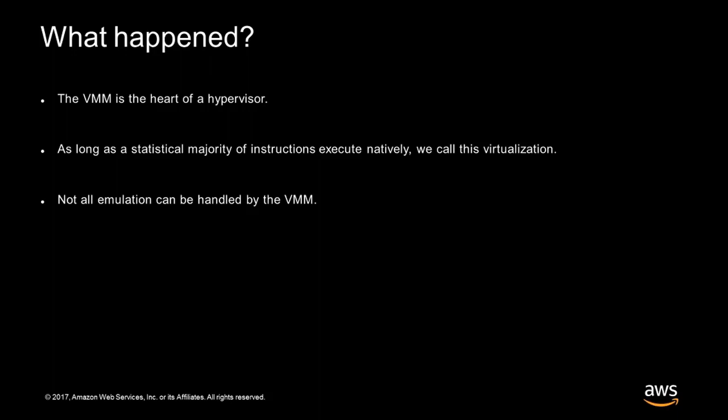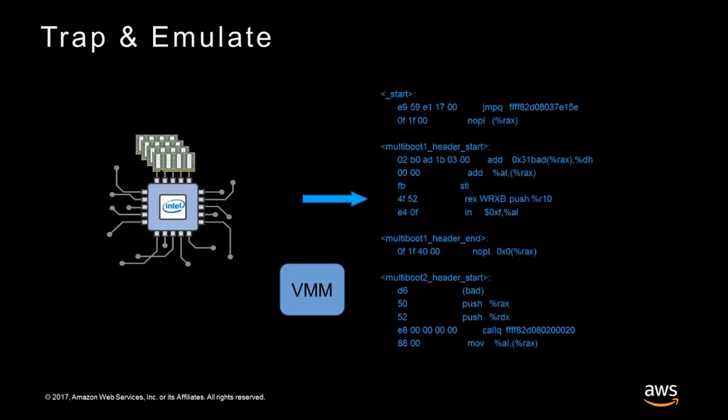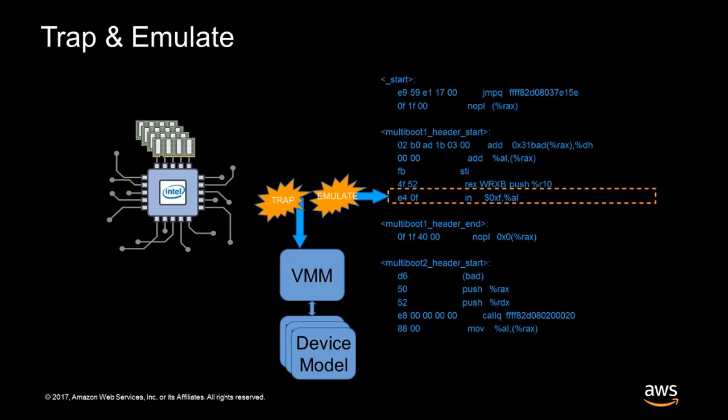Now, while the virtual machine monitor handles emulation of most instructions, it actually can't handle emulation of all instructions. So let's keep going and see what happens. We go to our next instruction and then we execute another instruction, and this time you get a trap, but this is a very special instruction.